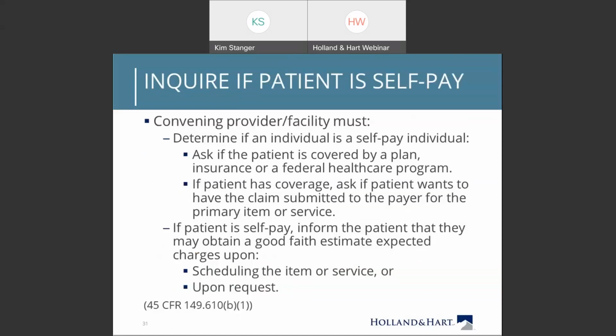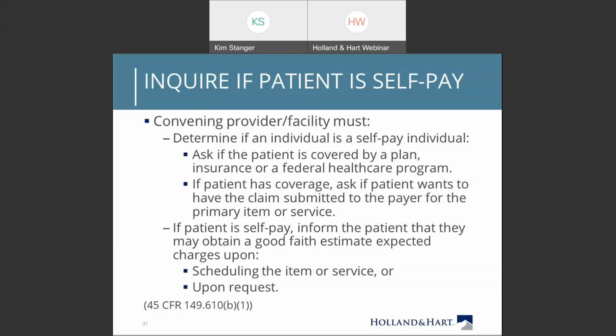Well, under the rules, that convening provider or facility must, when that patient shows up or asks about getting services there, determine if the individual is a self-pay individual by asking if the patient or proposed patient is covered by a plan, insurance, or federal healthcare program. And if the patient has coverage, ask if the patient wants to have the claim submitted to the payer for the primary item or service, because that'll determine whether or not this person is a self-pay patient.